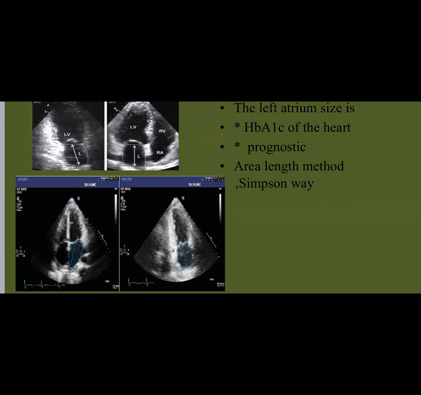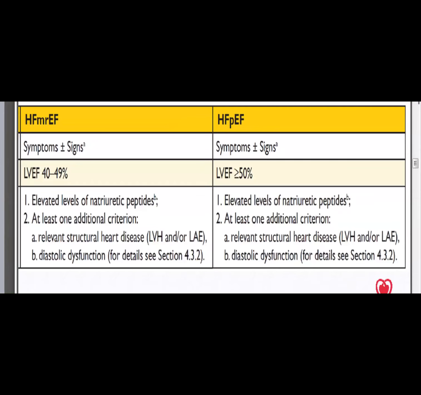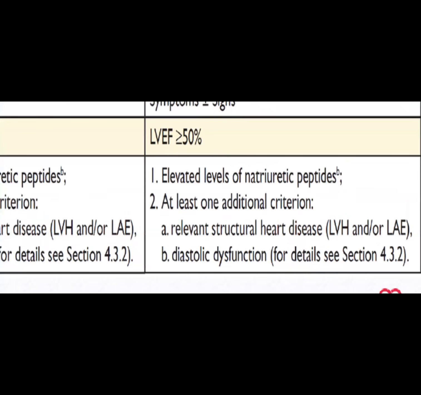And it is so important in the guideline. They talk about diastolic dysfunction and LA index. If I take you back to this one here, you remember the classification of heart failure. See additional criteria, relevant structural heart disease or diastolic dysfunction. Relevant structural heart disease like what? LVH and LA enlargement as measured by Simpson method.